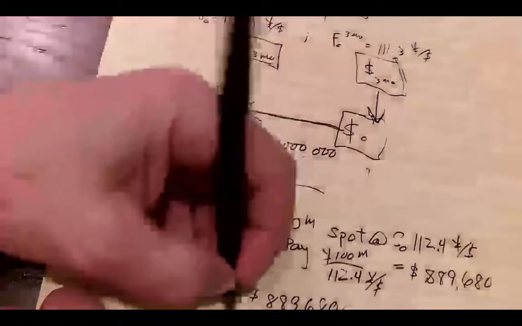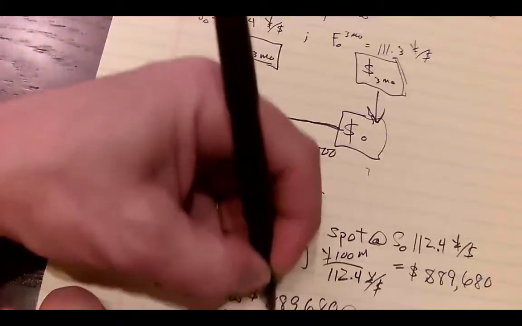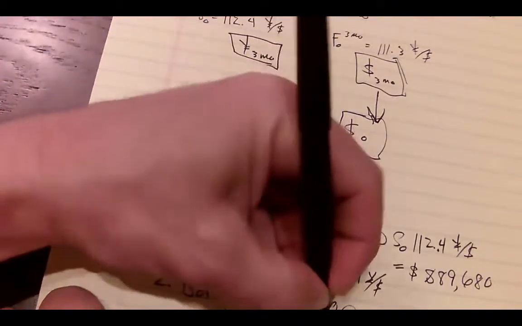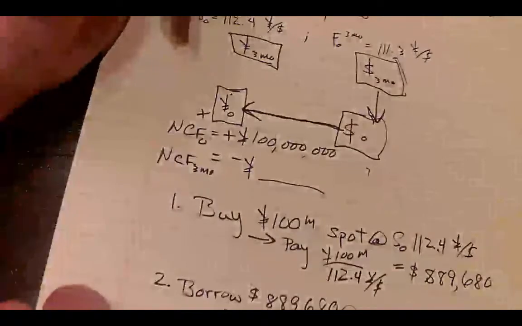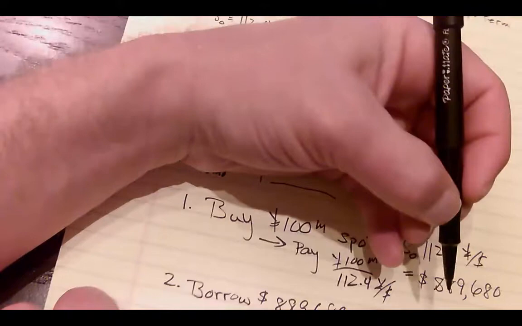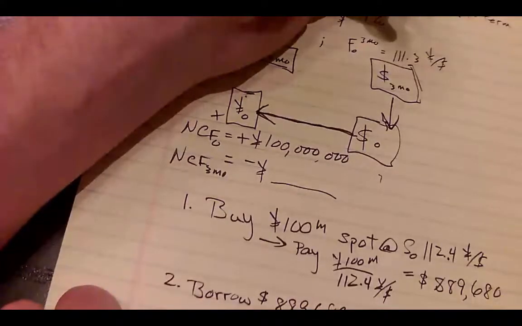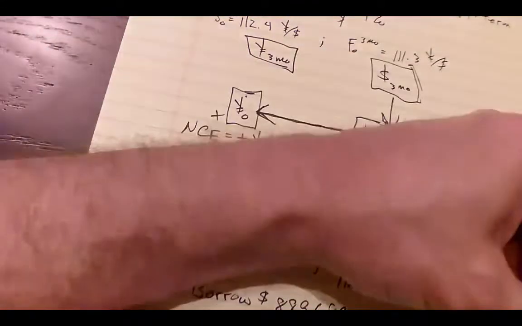So our repayment in the future is going to be a future value of the 889,680 dollars. Using continuous compounding, we would multiply that by e to the RT. R is given as 3%, so 0.03, and t is 3 months, which is 3/12 of a year, so times 3/12.